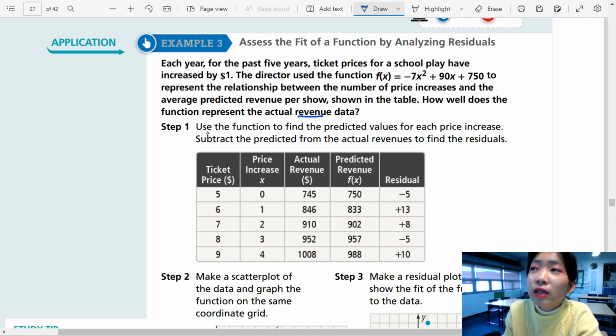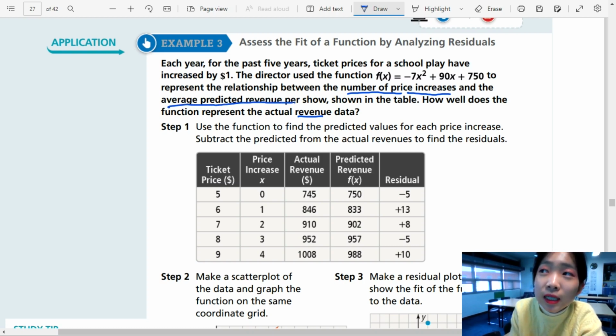I think that's all. So first, you're gonna use the function to find the predicted values for each price increase. This function represents the relationship between the number of price increases and the average predicted revenue. So these are the two variables. One variable represents the number of price increases.